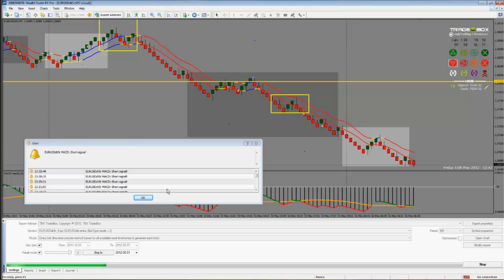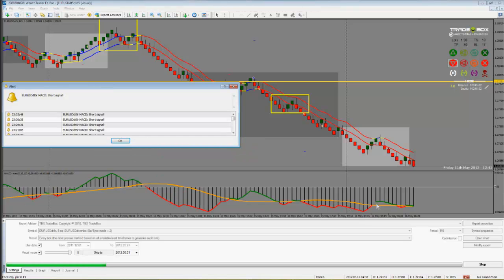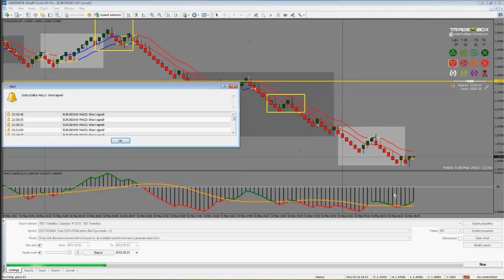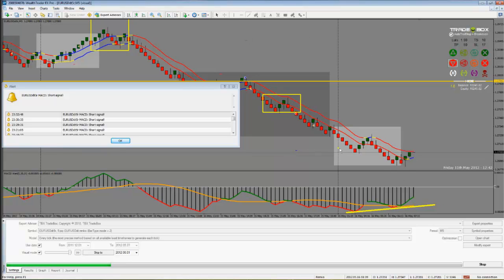Now, we've got divergence. Can you guys see the divergence? So we're still using our basic chart pattern techniques. And if I get a close of this candle above the channel, we'll enter a trade.